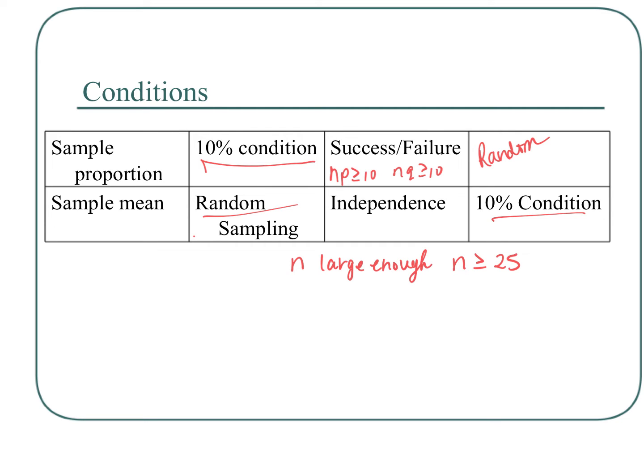That's going to be our threshold for large enough. Independence is one of those things: is it reasonable to assume that each person's cholesterol is independent of each other? Well, yeah, if the sampling is random, then you're not getting like a dad and their kids, because it can be hereditary, then independence is a reasonable assumption.